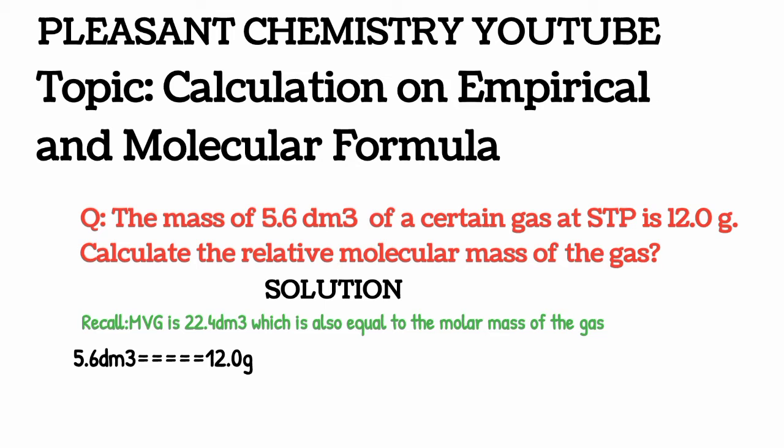Because of that, going by the question, we equate 5.6 dm³ to 12.0 gram. Since 22.4 dm³ is also equated to molar mass or relative molecular mass, they are both equal. The molar volume of a gas is equal to the relative molecular mass of that gas too.